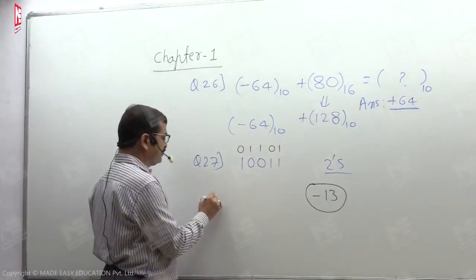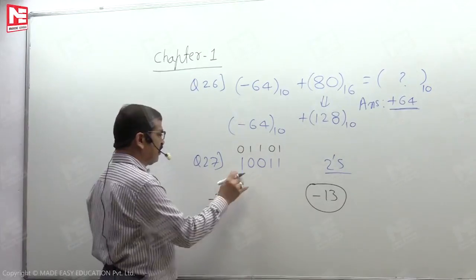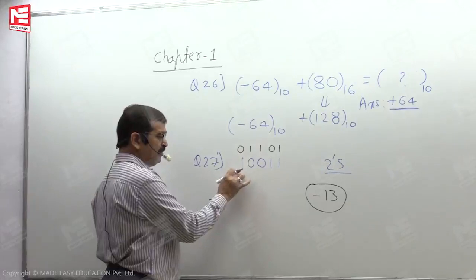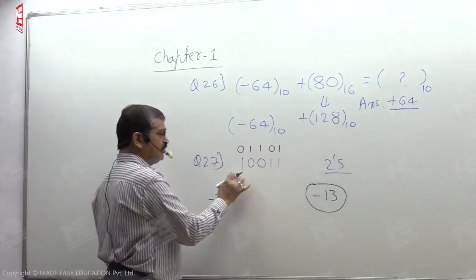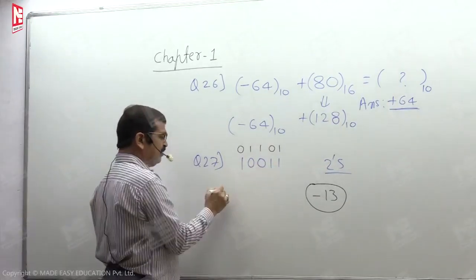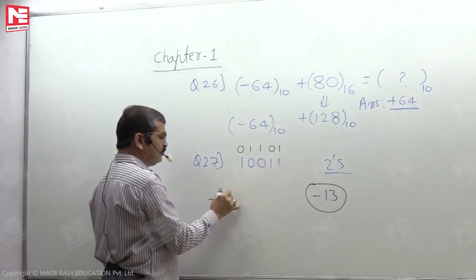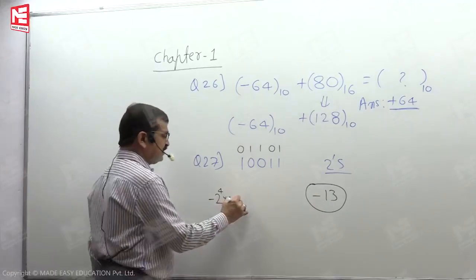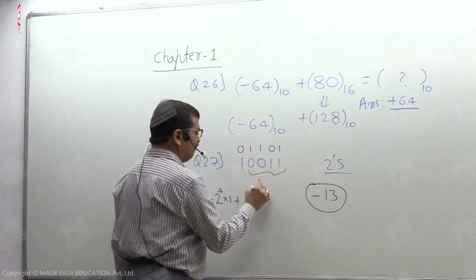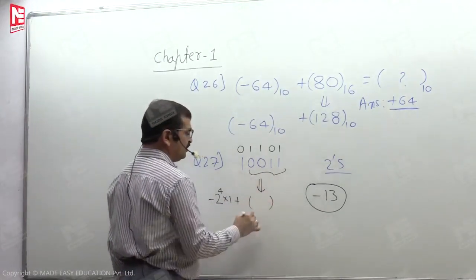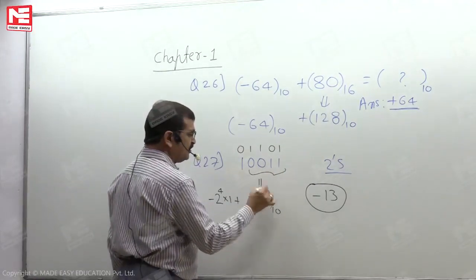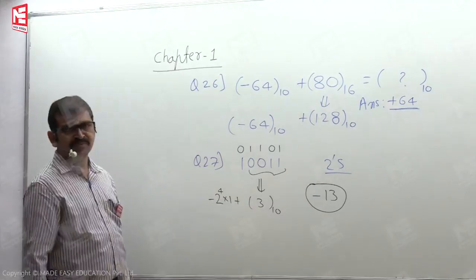Alternatively, what I said is minus 2 to the power of the number of bits right side of the MSB. The number of bits right side of the MSB in this example is 4, into 1, as the MSB bit is 1, plus the decimal equivalent value of the remaining bits. That is 3, because 0011 is 3.